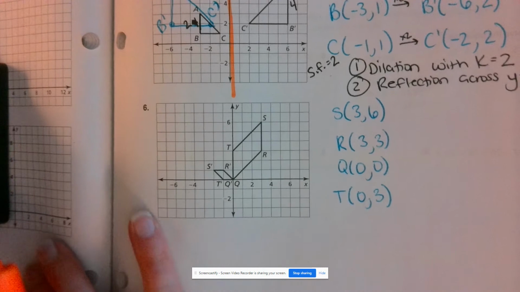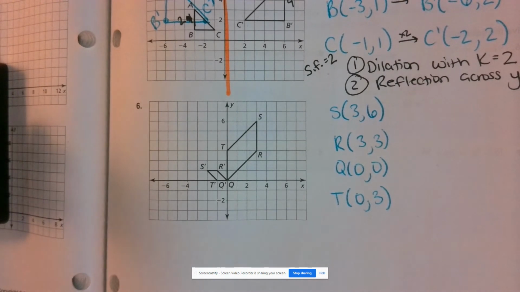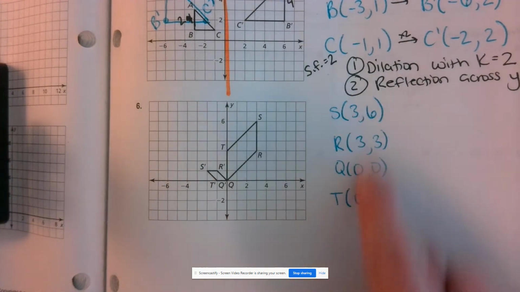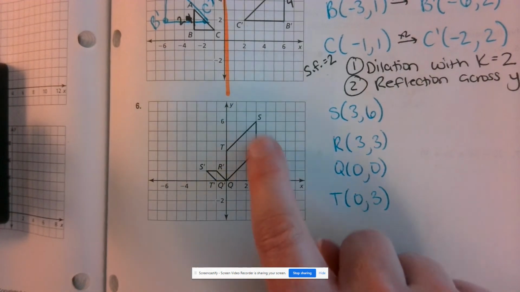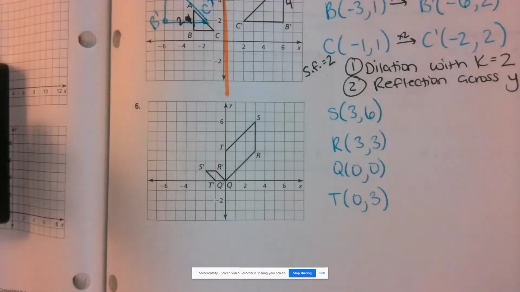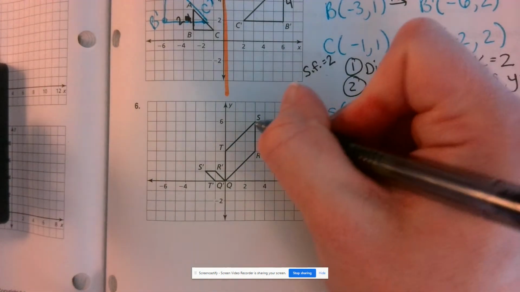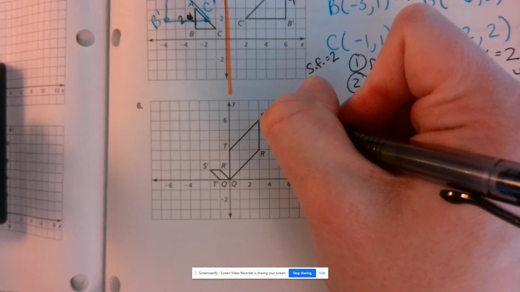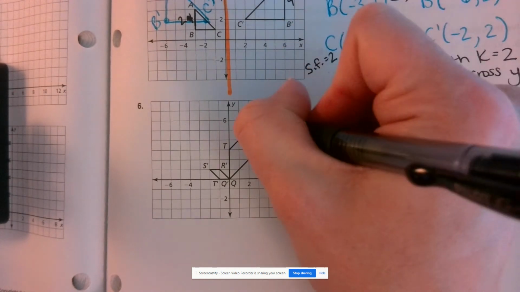And in our very last problem, number 6, I listed the ordered pairs of my pre-image, and I need to dilate it to make it smaller to match my image. So I'm going to pick a length on my pre-image. I'll pick the length SR. This has a length of 3.